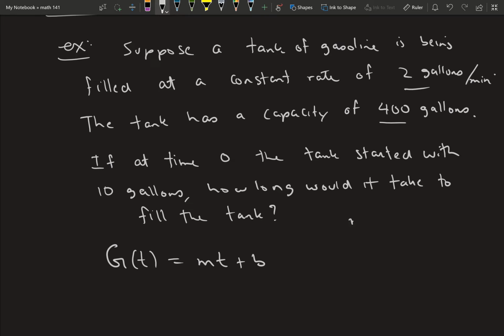We've already given you the rate of change, which corresponds to the slope. And we also have a point here that's (0, 10). At time 0 we have 10 gallons, and that's exactly the y-intercept, so you can just directly write this as 2t plus 10.